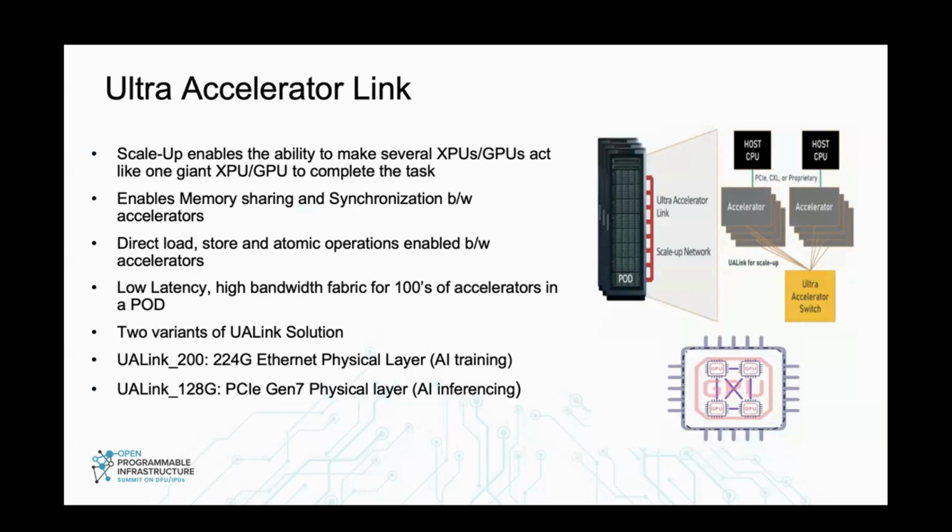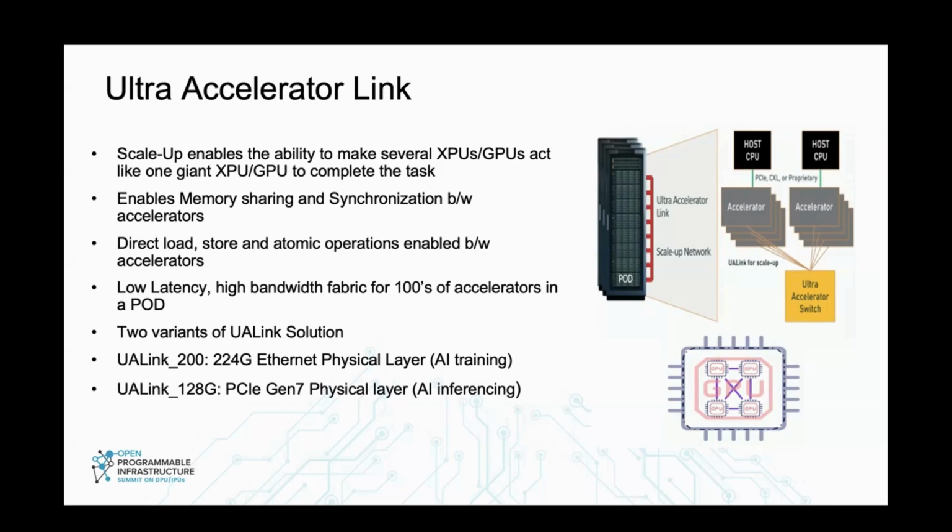Really good question. I was expecting this because it was announced 2 days back, right? If you look at the scale-up aspect, there are 3 different ecosystems available in the market as of today. Most of us are aware of NVIDIA NVLink. They are using their proprietary ecosystem. And Broadcom, sometime back, announced Broadcom SUE, Scale-Up Ethernet, because Broadcom are experts in Ethernet.